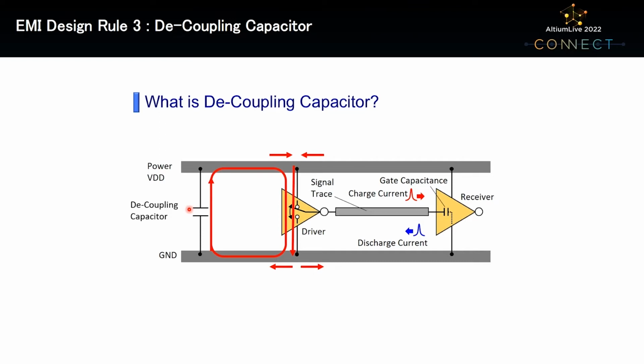A decoupling capacitor can supply the electric charge required for charge-discharge current and feed-through current, preventing noise diffusion near the IC. At NEC, it is our internal rule to place capacitors within 5 mm of the IC pin.